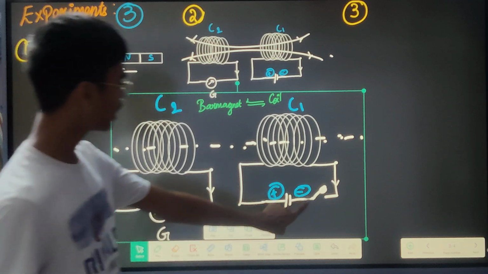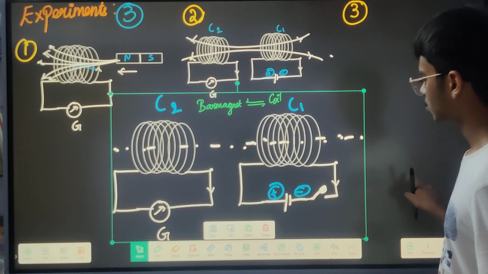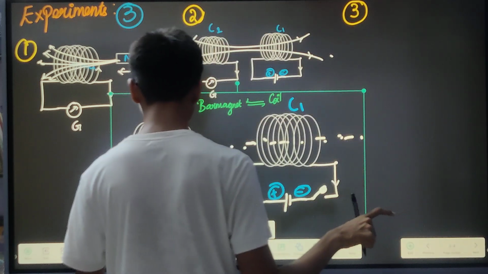Because of that, the tap key should be placed on the other side. Okay, the tap key should be placed on the other side. So which means I've drawn that wrongly.